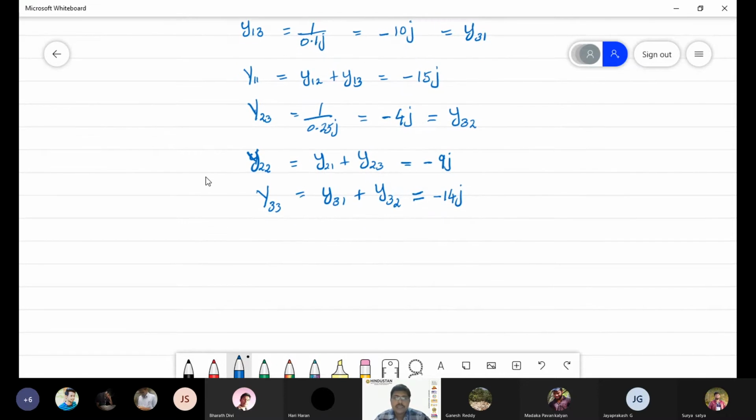Now you can write the Y bus. You know that the diagonal terms remain as they are, and for the other terms we need to change the sign.